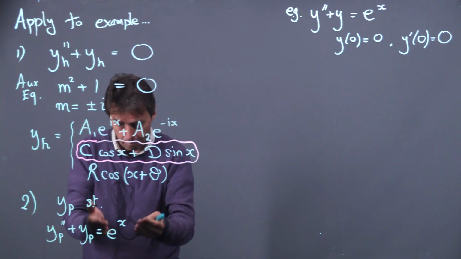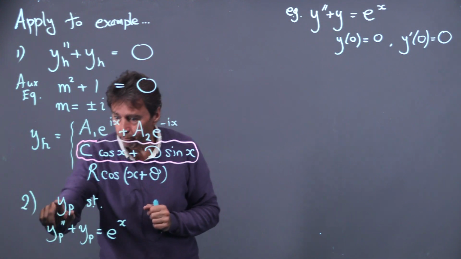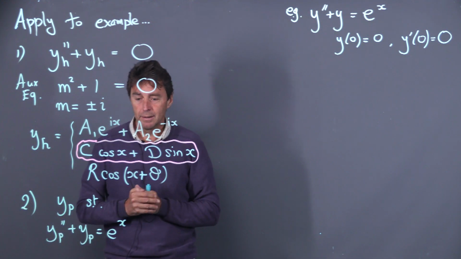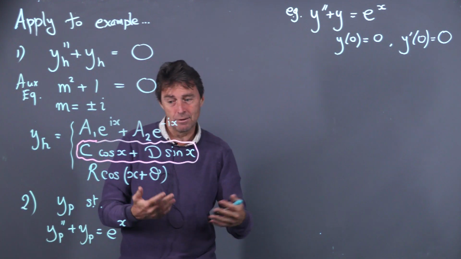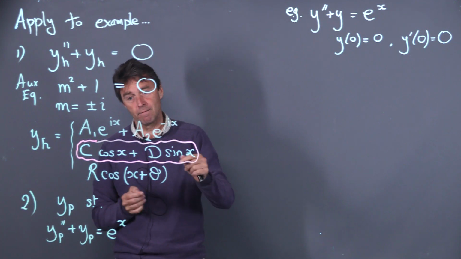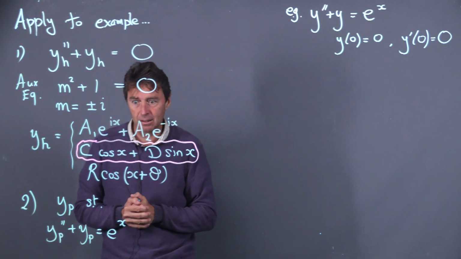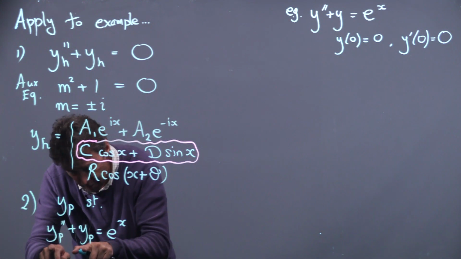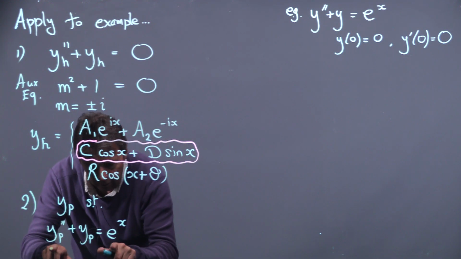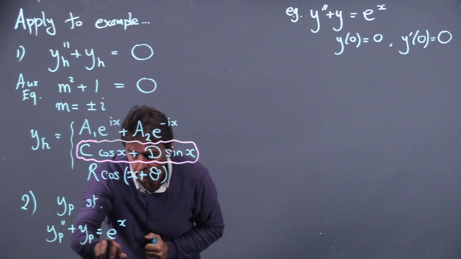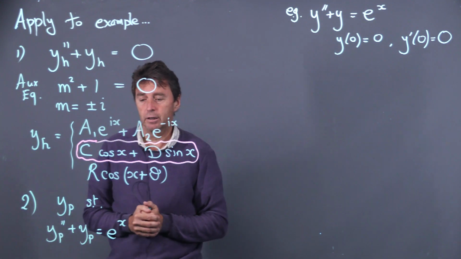So based upon what you know about derivatives, you need to pick a yp so that it's going to give you the right function. And then you add in some arbitrary constants in front, some parameters, so that when you feed it into this side, you can choose those undetermined coefficients so that you can actually get 1 times e^x in this particular case.